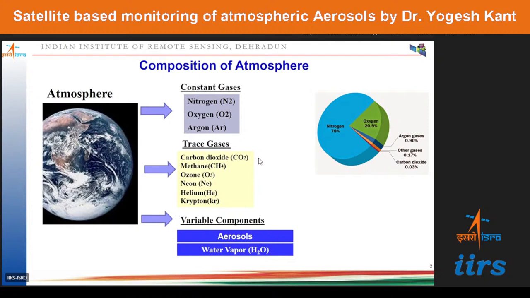Trace gases, on the other hand, are in trace amounts, like carbon dioxide, methane, ozone, neon, helium, krypton, and there are variable components, that is aerosol and water vapor. Aerosols are different particulates in the atmosphere, and they are highly variable spatially and temporally. They have different variability, and they interact with the electromagnetic radiation in the atmosphere.